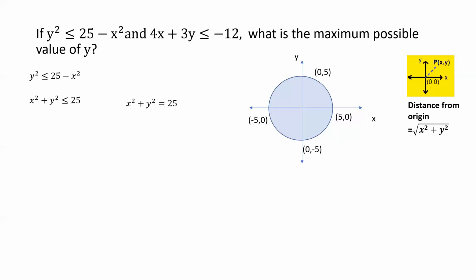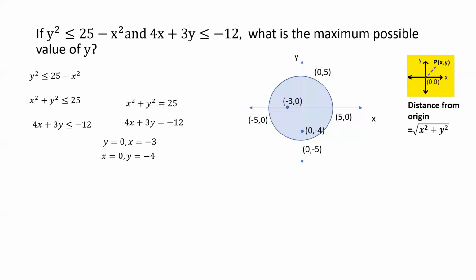So what about the other inequality? Well, that's a simple one. It's a straight line. If we write that inequality as an equation, that will be a straight line in the xy plane. We can find the intercepts of that line on the x-axis and the y-axis by plugging in y equal to 0, which gives x equal to minus 3. We can also plug in x equal to 0 and get y equal to minus 4.